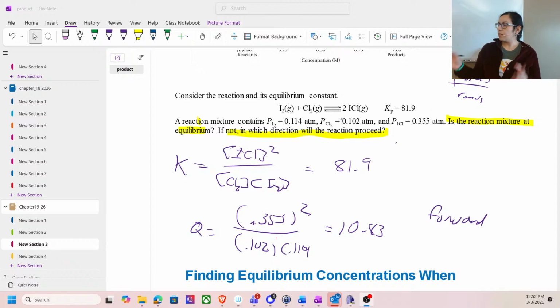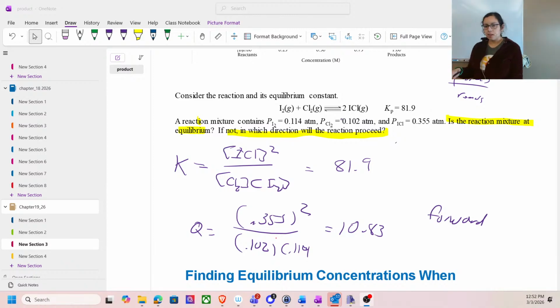So the K is the equilibrium value, but then the Q is just your instantaneous snapshot, right? So we're not saying it's done. So then you're trying to figure out, okay, given that we're here, right, and we're not really saying how we're monitoring it, but again, that's where the lab is coming in, okay, maybe we're doing spectrophotometry. What if we get it at this point? Which way is it going?